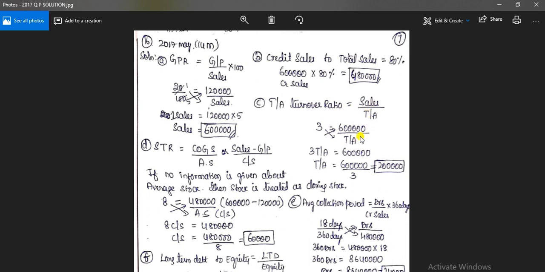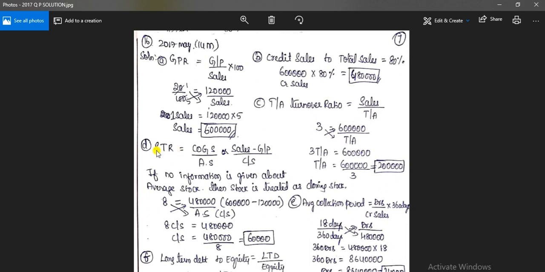We don't know the total assets, so just make a cross multiplication. 3 total assets is equal to 6 lakhs. So total assets is equal to 6 lakh divided by 3, that is 2 lakh. 2 lakh is the total assets. In the balance sheet the total should be 2 lakh on the liability side and the asset side. This is the hint they have given.